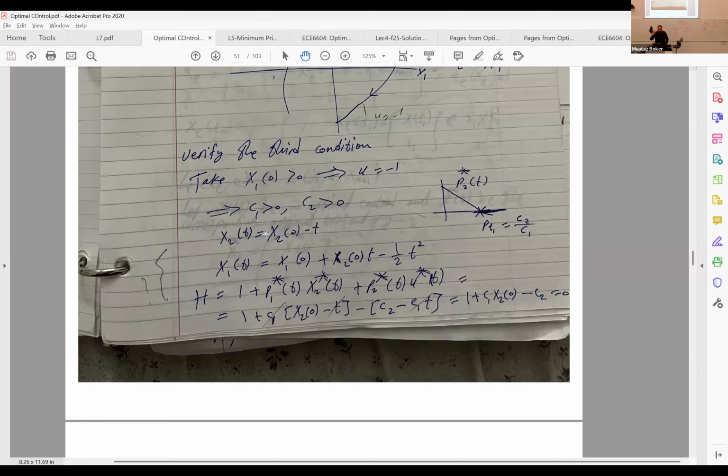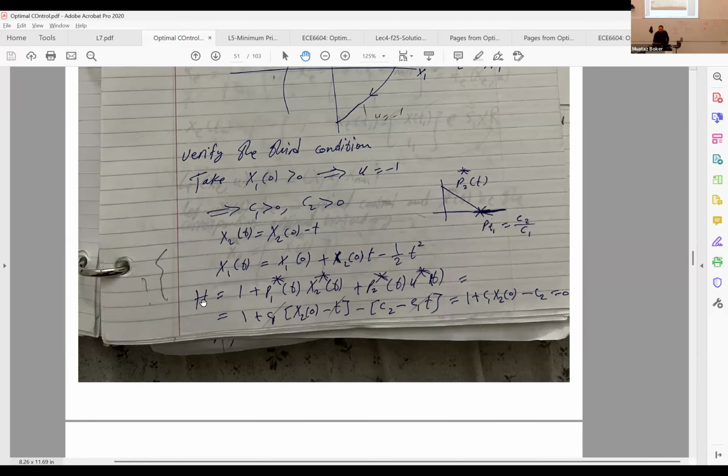Now X1 dot is equal to X2, so you have X1 dot equal to X2 of 0 minus t. Then integrate both sides, and you will get the equation for X1 of t. So now we have an equation for X2 of t and an equation for X1 of t in terms of t and the initial conditions.